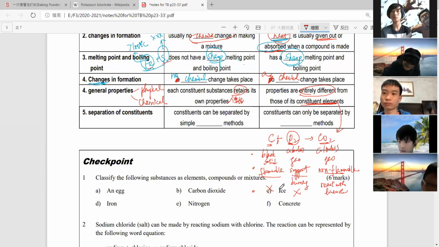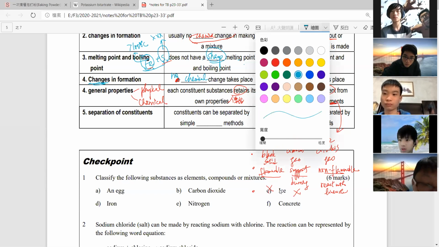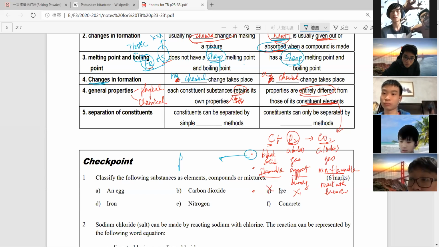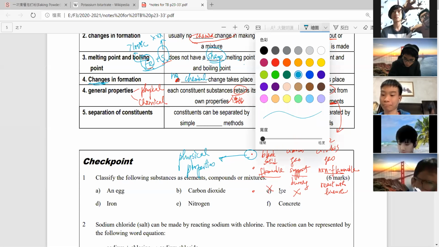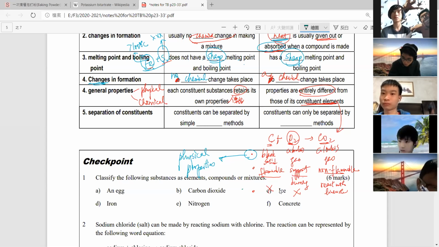If you take a look at the first one, what we call a physical property describes the appearance of it, and for example melting point and boiling point are just examples of physical property. How about the second and third one? We call it a chemical property. Why?